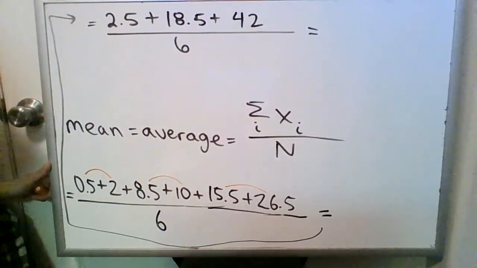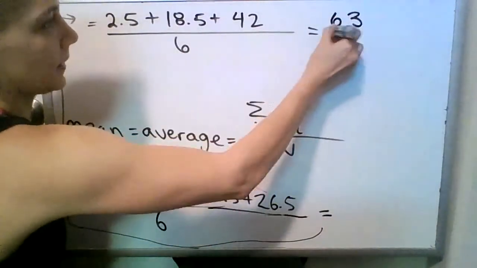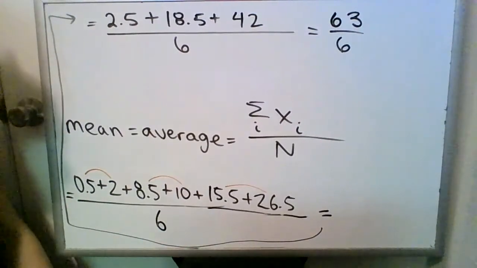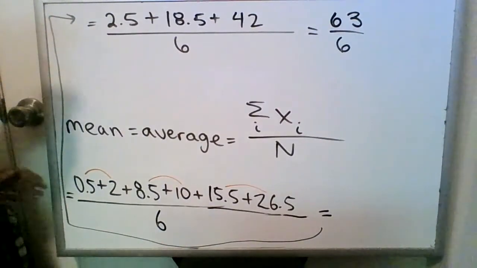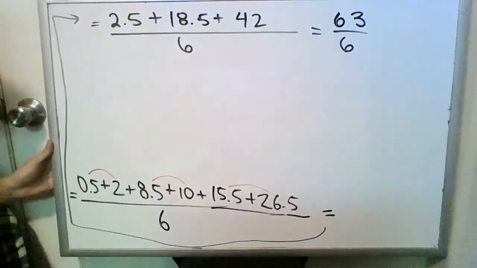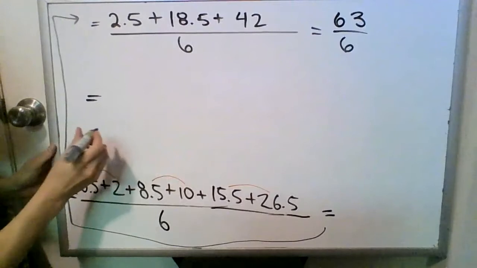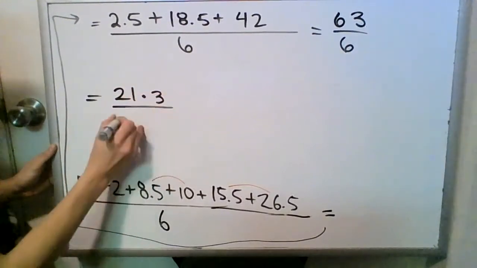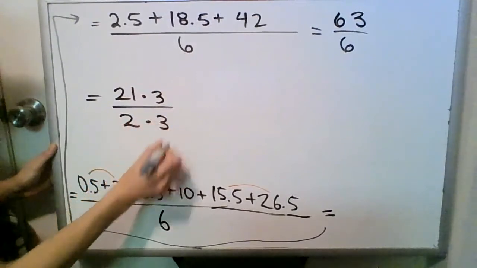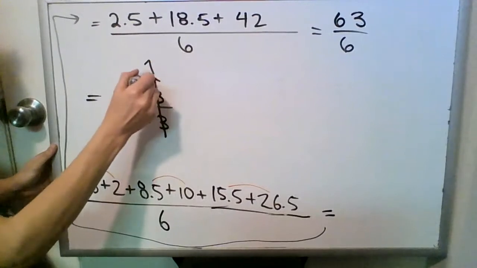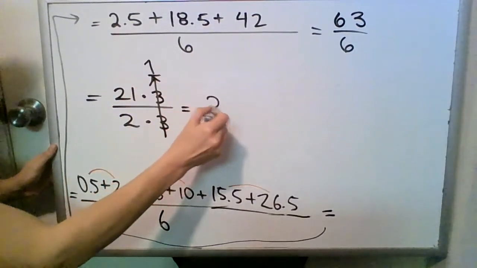And my numerator wound up being 63, and then divided by 6. And then I simplified my fraction. 63 is 21 times 3, and 6 is 2 times 3. When you have 3 over 3, it reduces to 1. And what's left is 21 over 2.